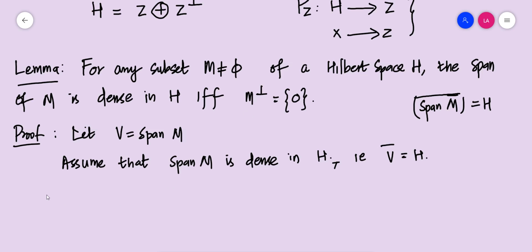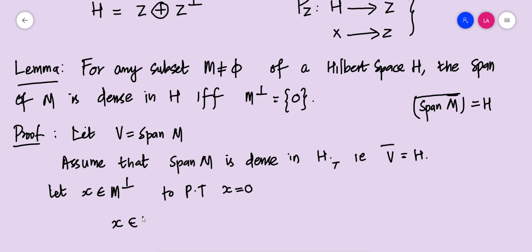So for that, consider an element X of M perpendicular, and we have to prove that X is equal to 0.